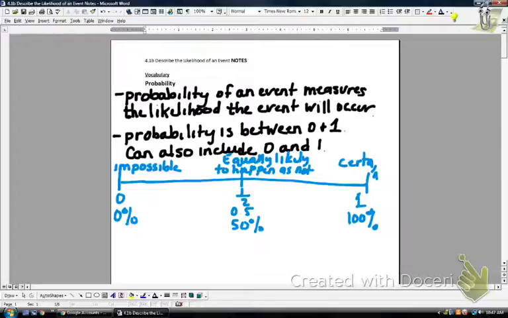Alright, then I'm going to change colors just to make it a little bit easier to find. Then 1/4 or 0.25 or 25% chance, we say that's unlikely.